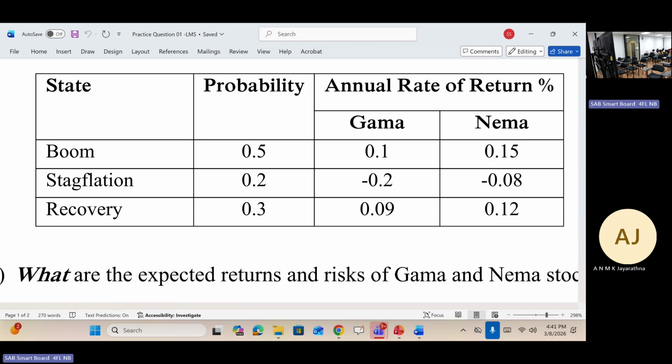Okay, variance should be 0.01322. Around, that means if it is around 14, that is correct. Then risk is 11.5 for the first one and the other one 8.8. Check whether you have received the same answers.